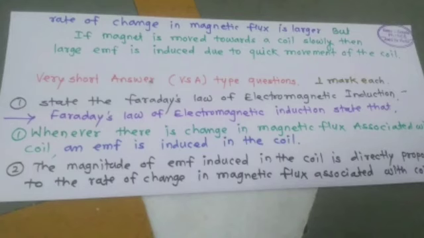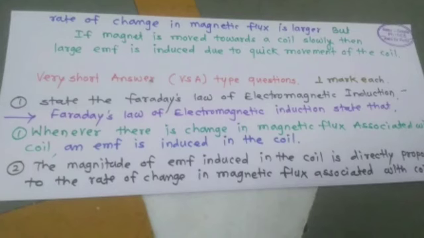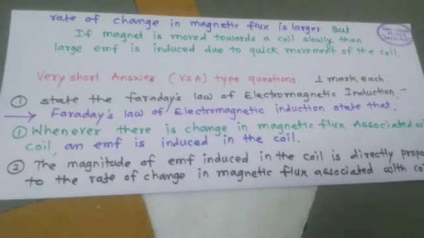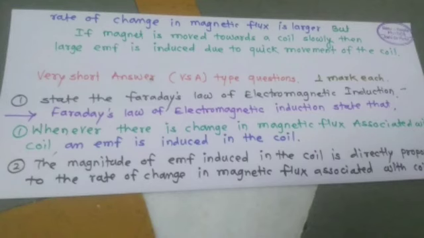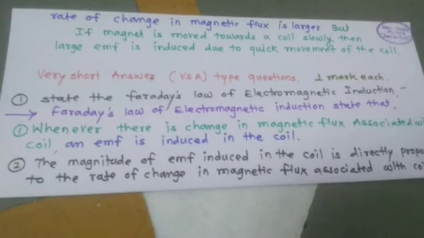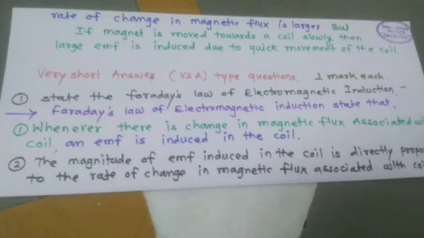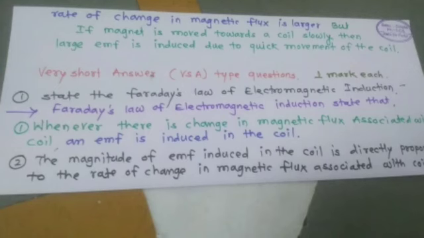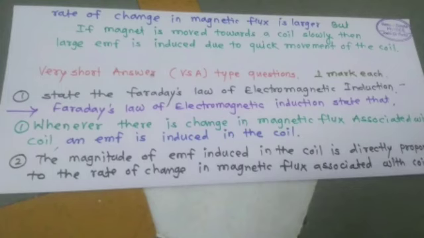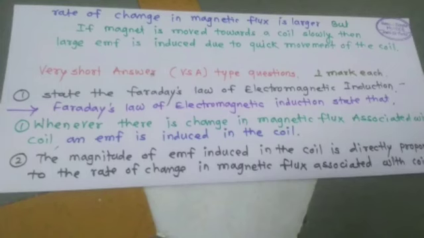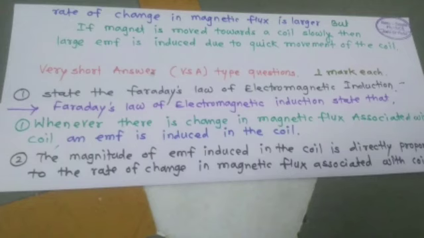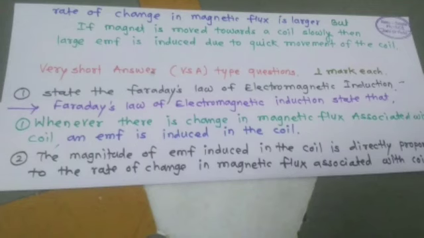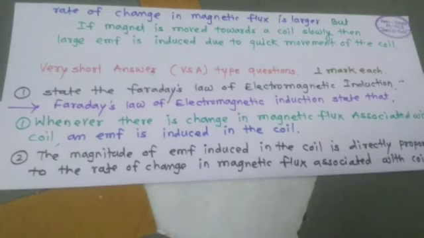Answer: Faraday's law of electromagnetic induction states that, number 1, whenever there is a change in magnetic flux associated with a coil, an EMF is induced in the coil. Number 2, the magnitude of EMF induced in the coil is directly proportional to the rate of change in magnetic flux associated with the coil.